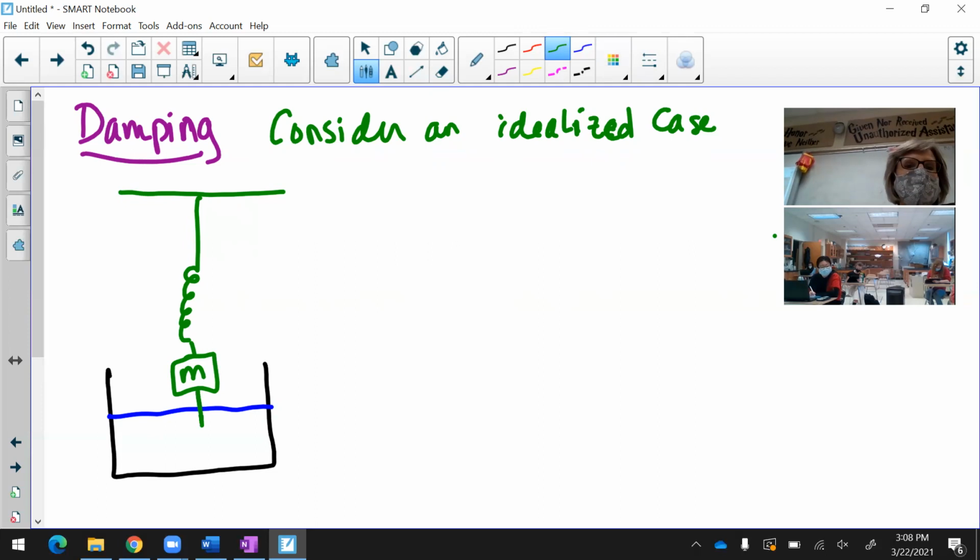And attached to the bottom of the spring is what we call a vane, V-A-N-E. Like a weather vane. What does a weather vane do?